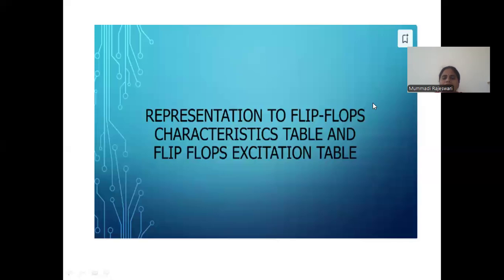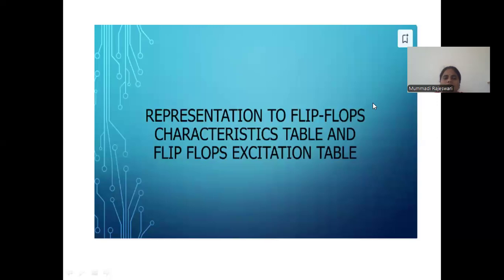These flip-flops are mostly used in shift registers as well as counters, acting as building blocks for both. Today we'll see what the characteristic table, or truth table, of flip-flops is, and from the truth table, how we find the excitation table.